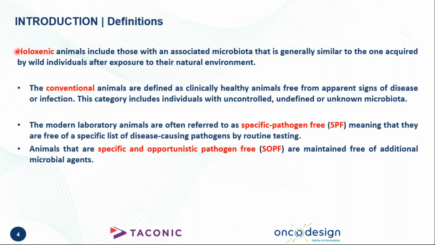This first category of animals can be either conventional, or they can be defined and managed as specific pathogen-free, SPF, or specific and opportunistic pathogen-free, also named SOPF. To summarize, in the first case, their microbiota is uncharacterized, and in the second case, the absence of specific pathogens plus or minus opportunistic organisms is checked.